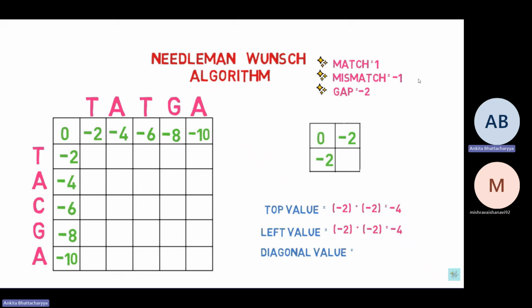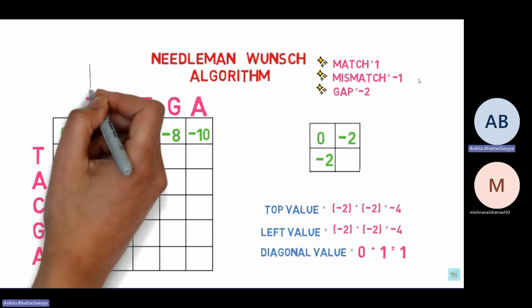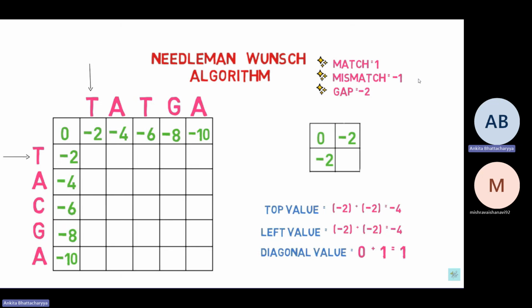Finally, we take the value from the diagonal box, which is 0. As we all know, taking value from the diagonal box leads to the addition of a match or mismatch value. In this case, T corresponds to T, so we add 1 to 0 to get 1. Now, from all of these values, we will choose the highest number and place it in box number 1.